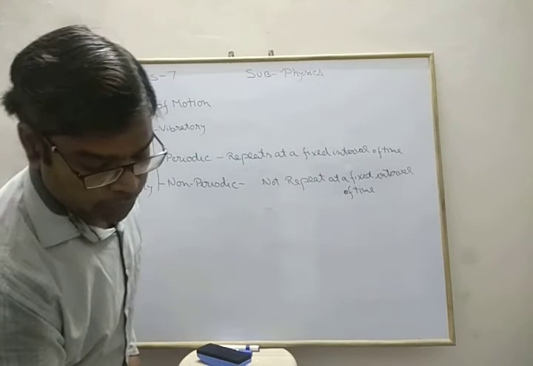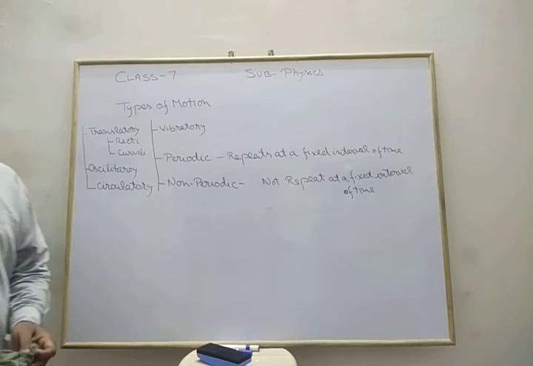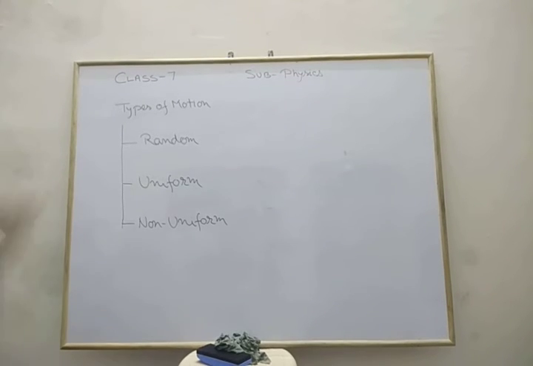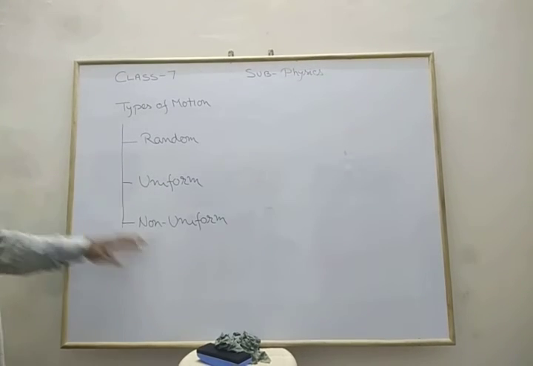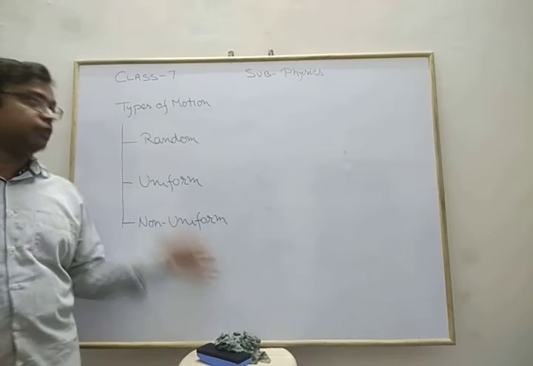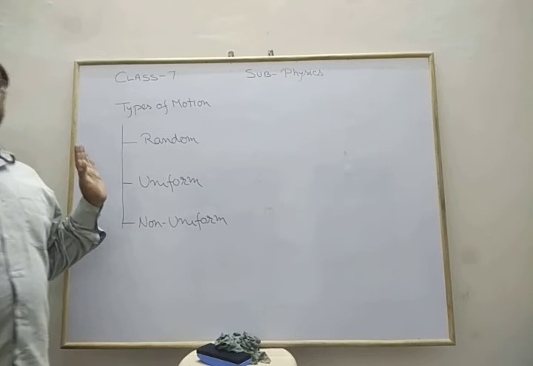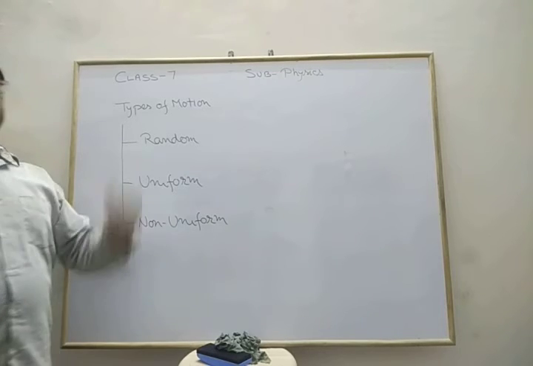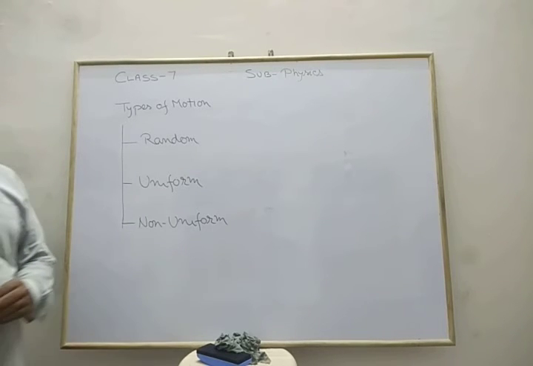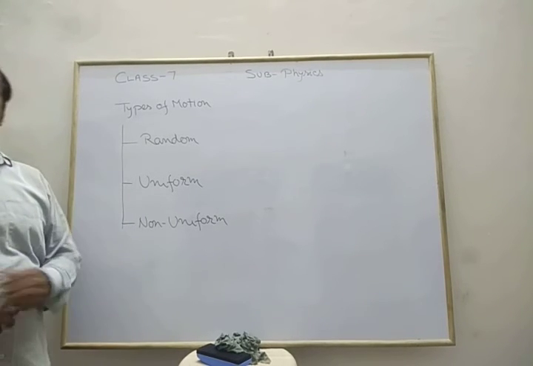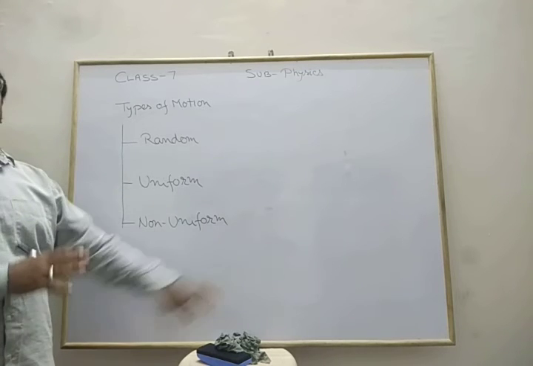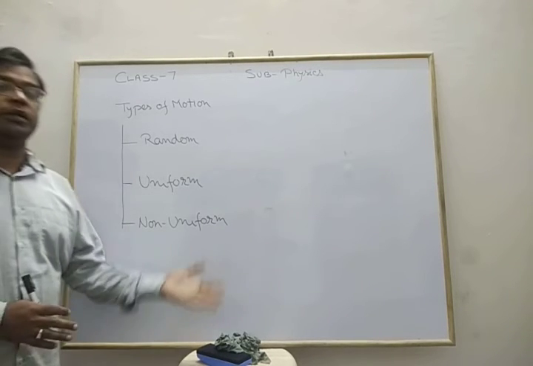Now we move to the next part of the motion. The last three motions, random, uniform and non-uniform, are the most interesting. Random motion: in this case, the moving body doesn't have any particular direction or does not change direction at a regular interval.